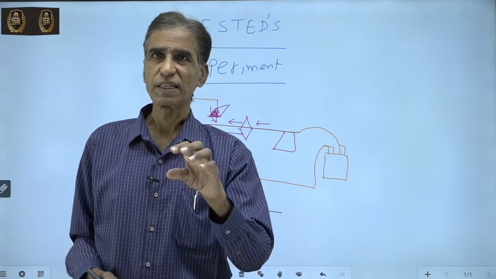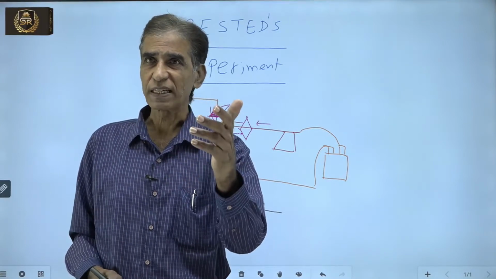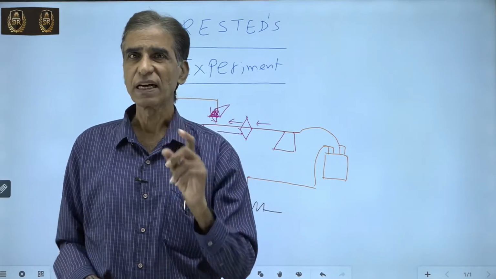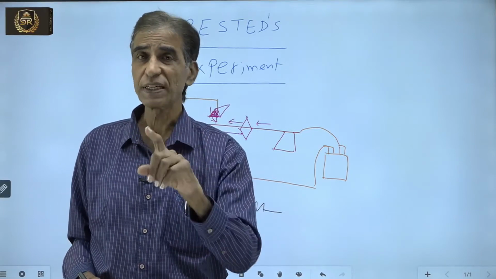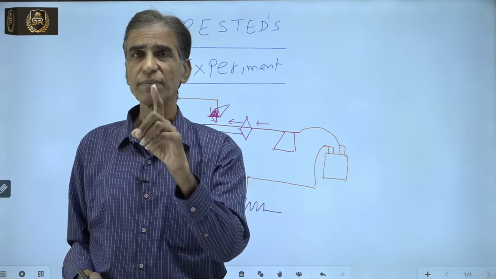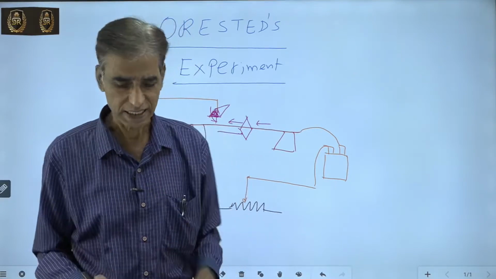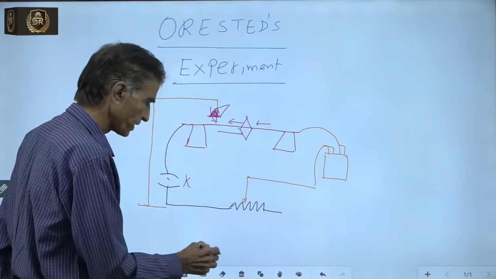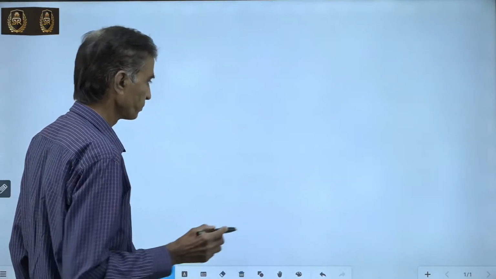One observer may be able to see only the electric effect, while another observer may observe only the magnetic effect. For example, I will tell you the relation between electricity and magnetism.